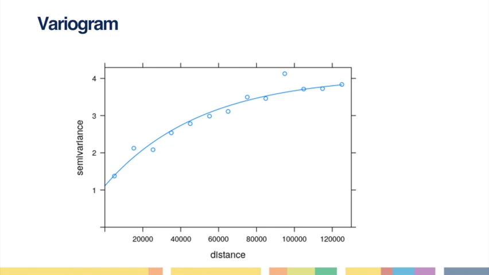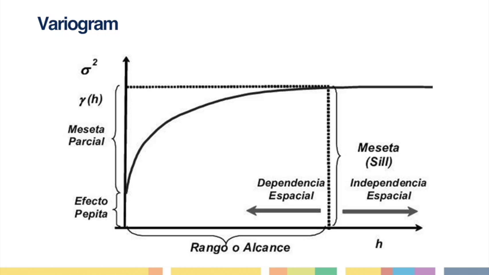This tool is very important in order to understand the spatial correlation. And there are different names for the parts of this graph. This initial part is called the nugget effect, and it represents the variability that cannot be explained spatially.